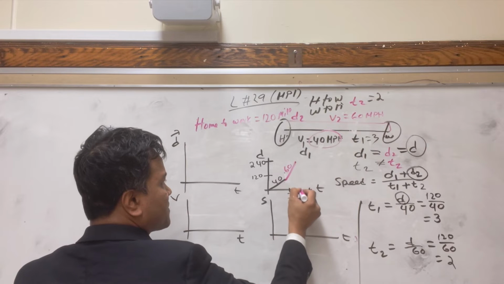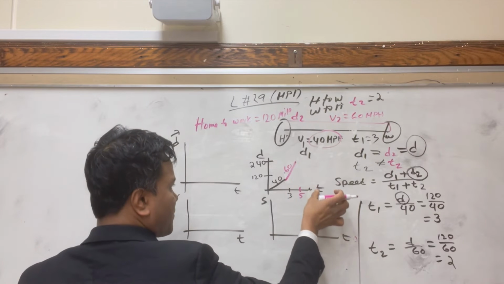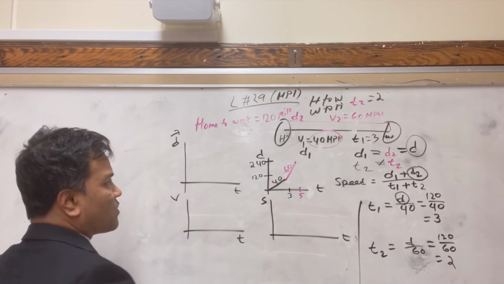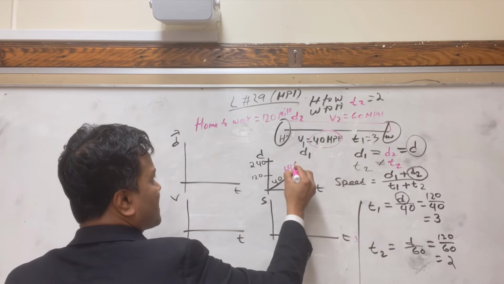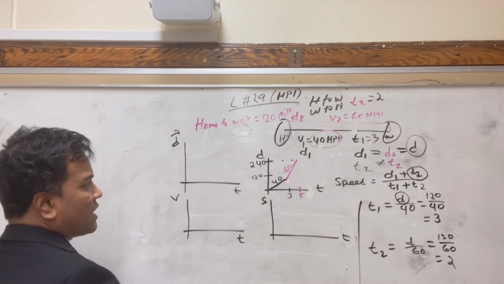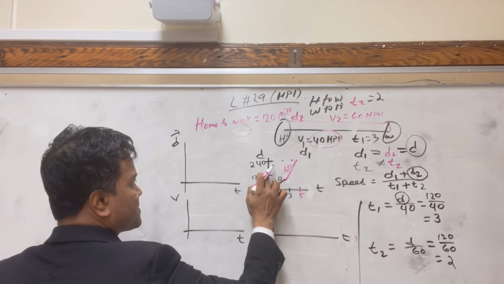That's why it's steeper. So you put 5 over here. It makes more sense because this interval looks like 2 and this interval looks like 3 units, so make it a little longer. Okay, good. This is 120.